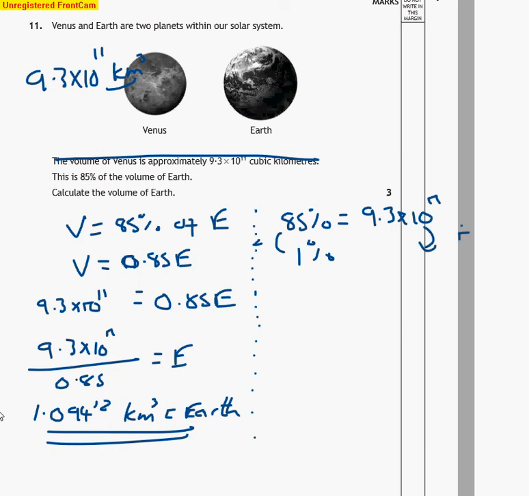So divide this side by 85 as well. That's going to give you what 1% is. And then times by 100 to find what 100% is. We get the same answer, but that's possibly a much simpler way of doing it than my way, which is coming up with an equation. So 85% is equal to 9.3 times 10 to the 11. Find 1%, find 100%. That's possibly simpler.